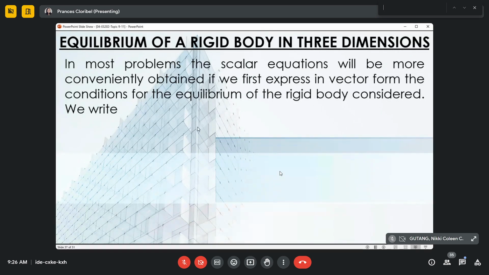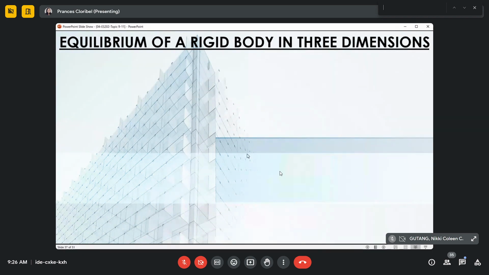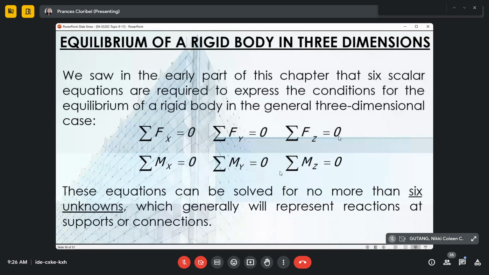With 6 equations and 6 unknowns, if you recall your topics in matrices, this can be solved. But with the conditions of equilibrium, some of the equations can be combined, so once simplified, it reduces into either 2 equations with 2 unknowns or 3 equations with 3 unknowns.